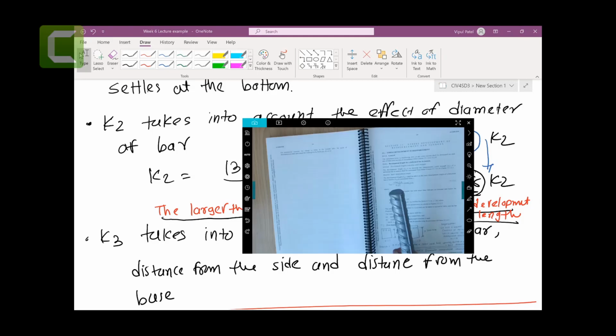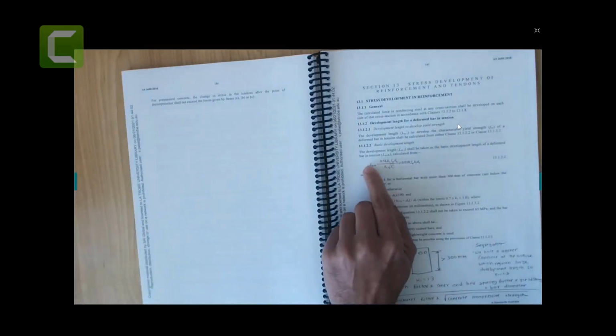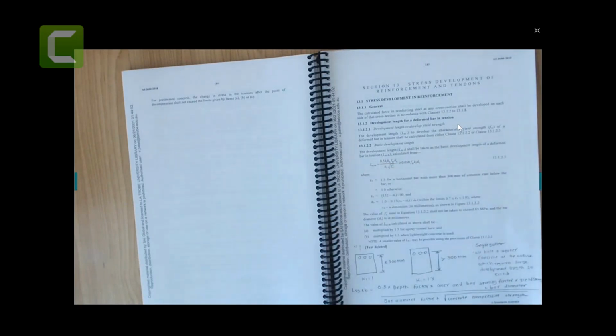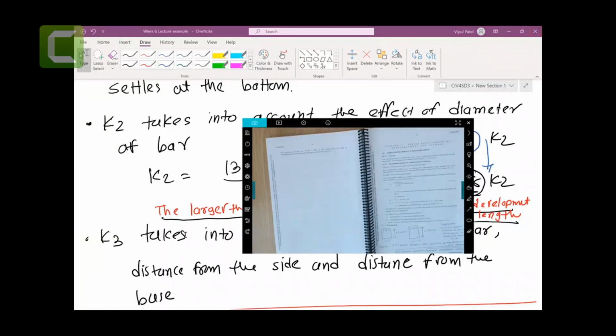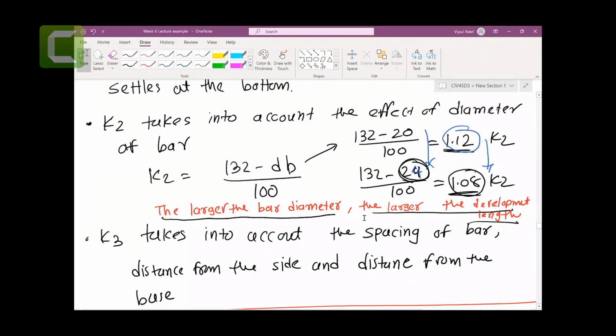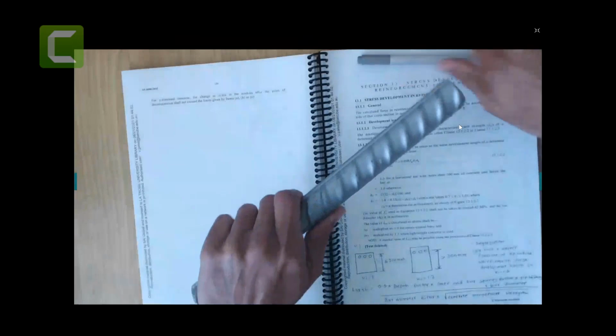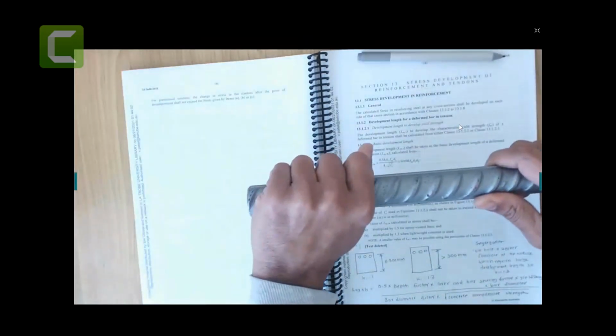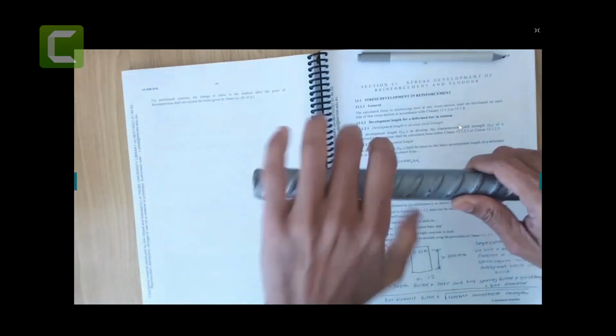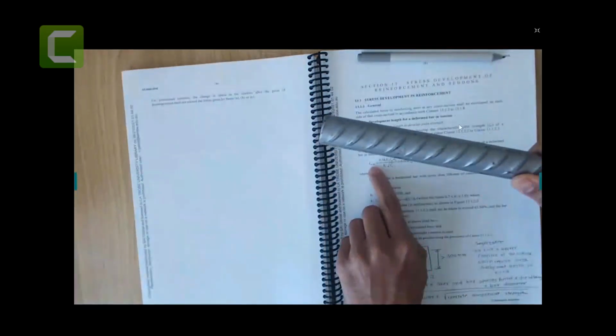So if you reduce your K2, you will increase your Lsyt. So what does it mean? It means that the larger the bar diameter, the larger the development length. So what happens here? If you want to use 20 millimeter diameter, and you increase 20 to 24, you increase this one, right?